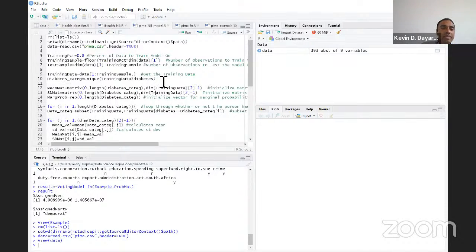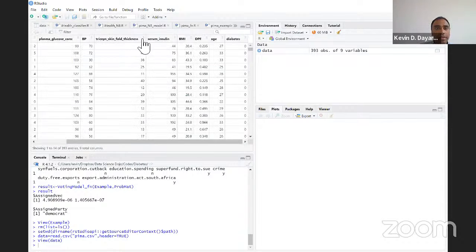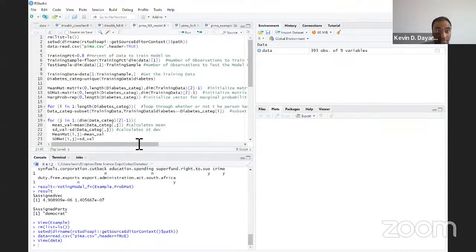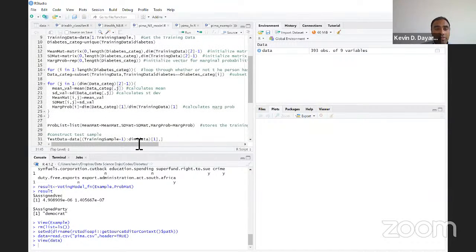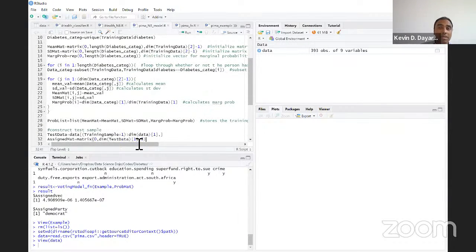We initialize mean and standard deviation matrices as well as the marginal probability, and we go through the data set and compute the mean and standard deviation, just as I had done in that slide, for each category, whether or not the patient had diabetes, for each variable in the data set. Then you have the marginal probabilities as well. Those are computed the same way as before.